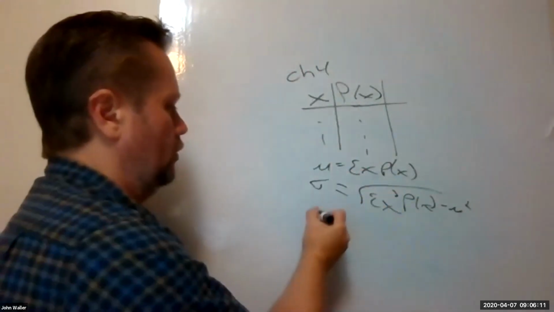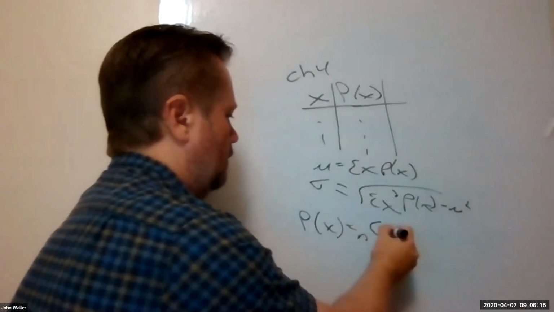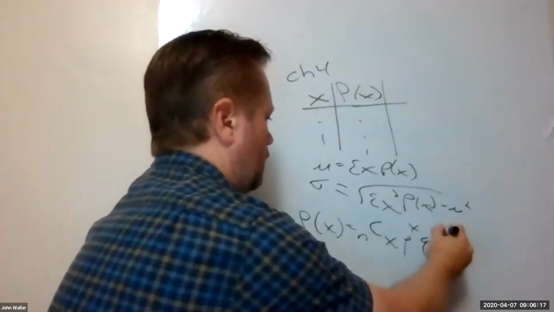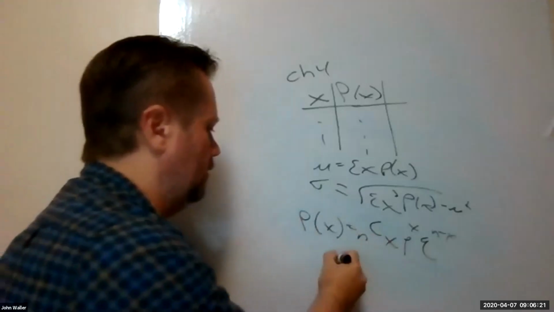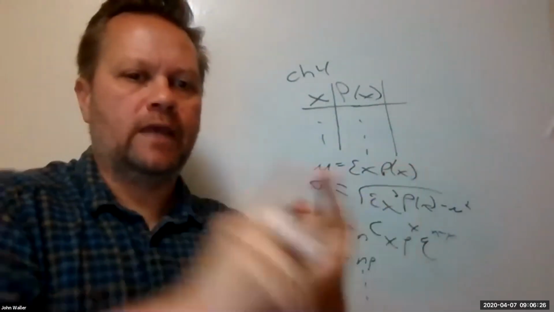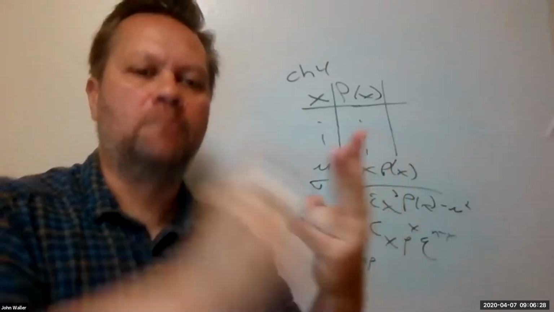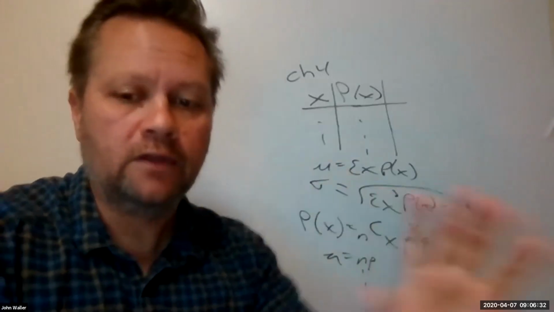Chapter 4 also had binomial stuff. Right, that formula, and then the mean and the standard deviation. So chapter 4 was xP(x) stuff and binomial stuff.